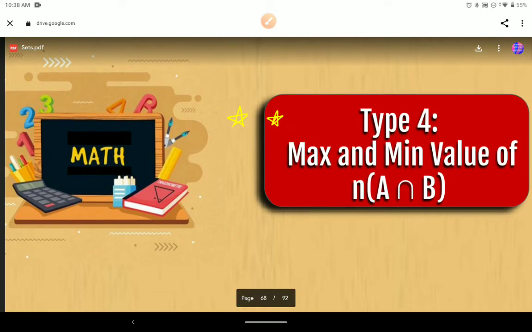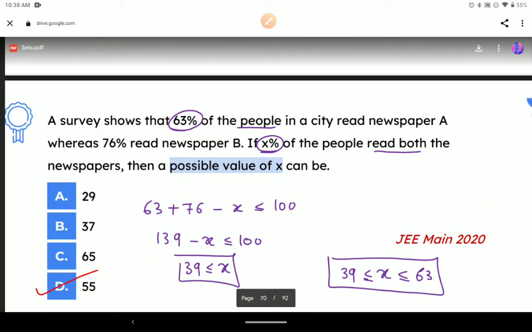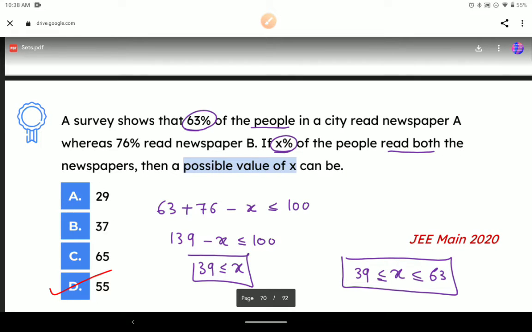So the last and final thing, maximum and minimum value. These are also questions which were majorly repeated. A survey shows that 63%, which is the smallest value, is the maximum value of A intersection B, right? That should be the maximum value, and by that you can rule out some options, if they ask for a value of x which is not correct in the given options.